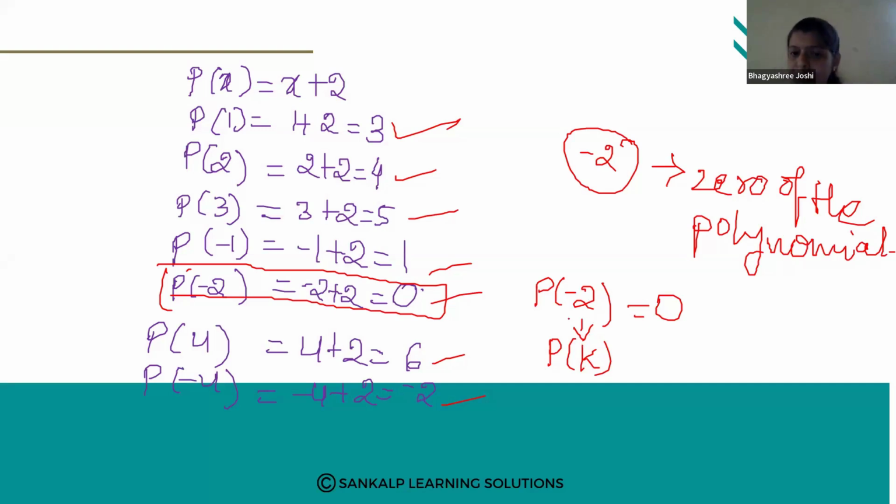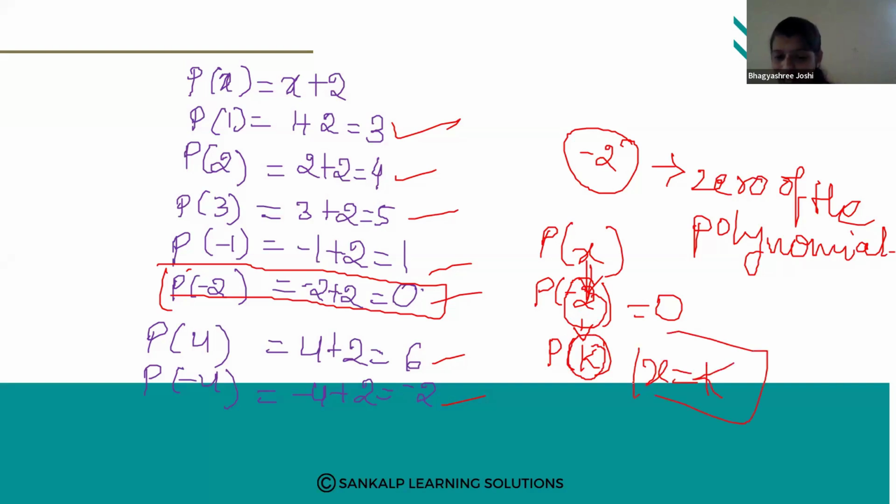So, do you remember? P of k, let us consider this minus 2 as k. Minus 2 is the value of x in P of x. We have taken the x value as minus 2. So in general we consider this minus 2 as k. Then x is equal to k.